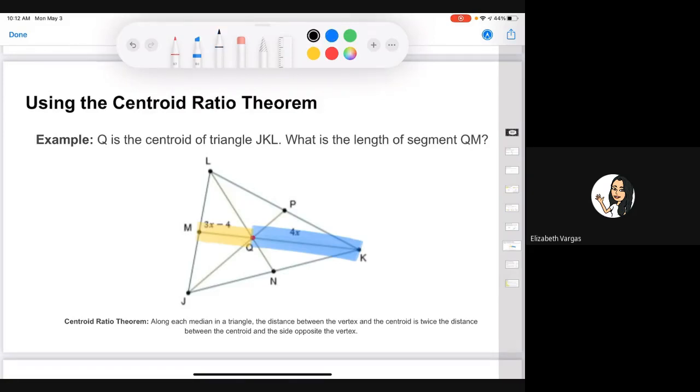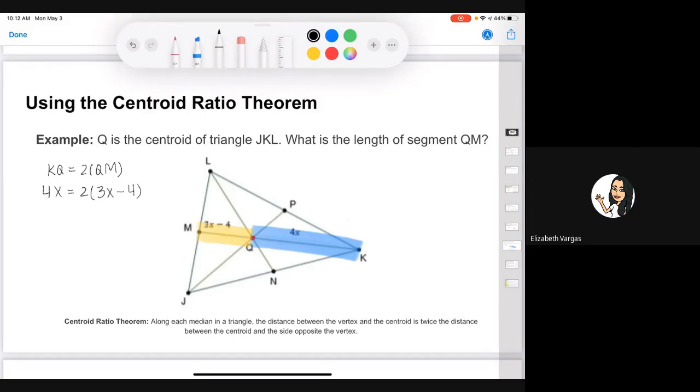So I can write that as KQ is equal to 2 times QM. Okay, plug in my equations. And then solve for X.